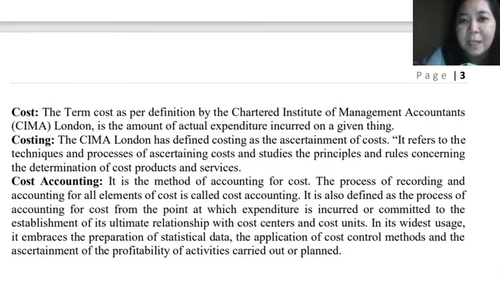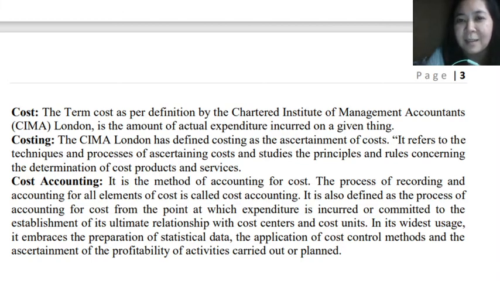Here we have three related terms that are important for you to understand in this subject or in this field. The first term is cost. Since we are talking about cost accounting and control, what do we mean by cost?